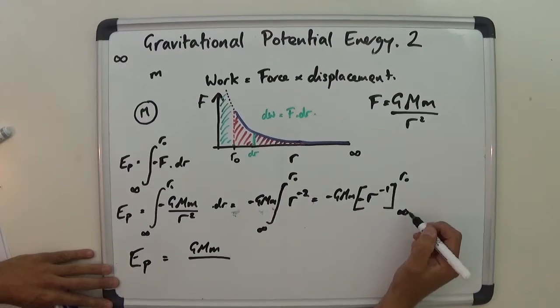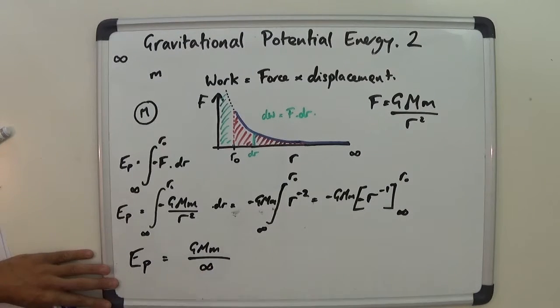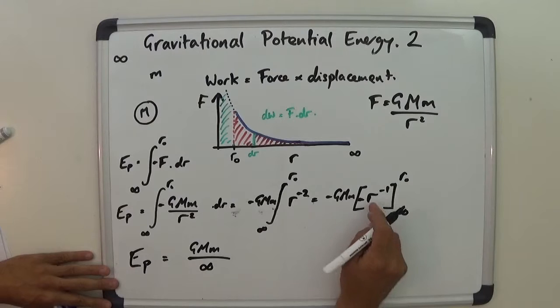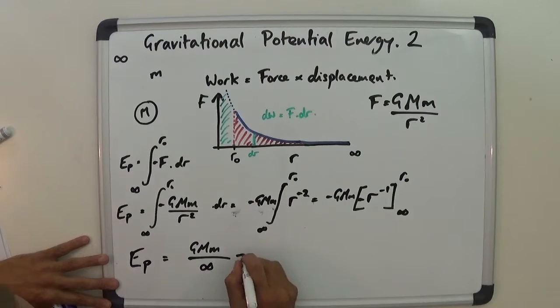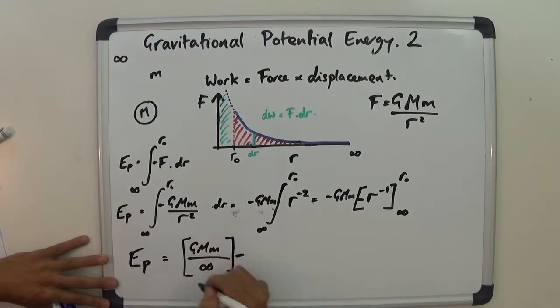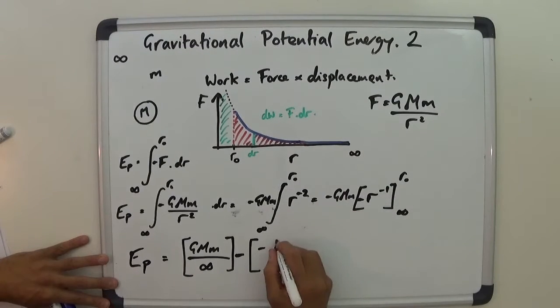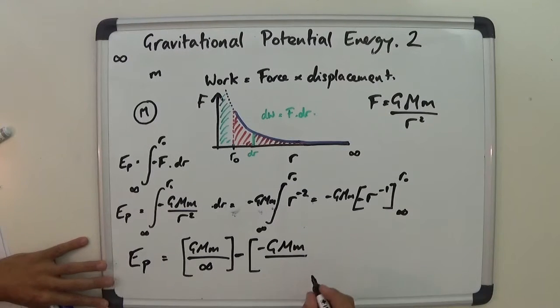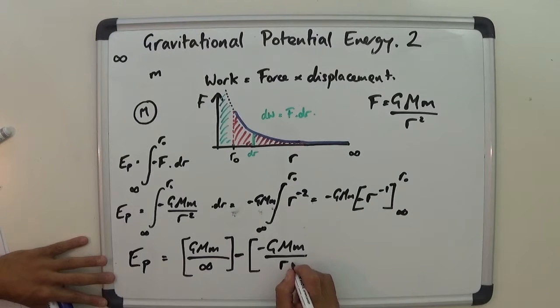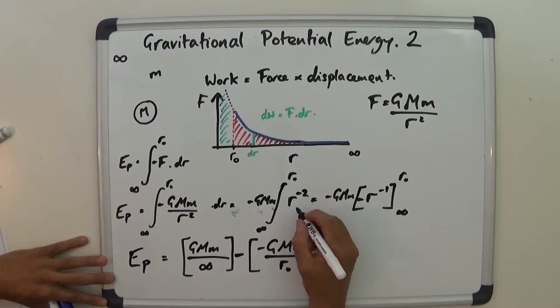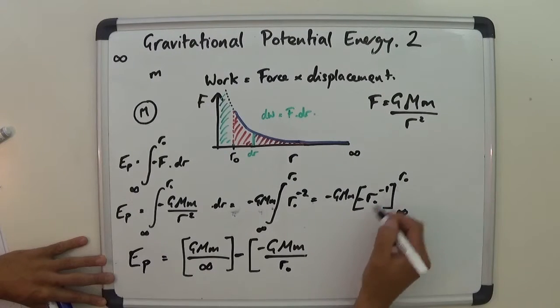Our first value is at infinity, so R's on the bottom, but that's infinity. Minus, in little square brackets, GMm over R0.